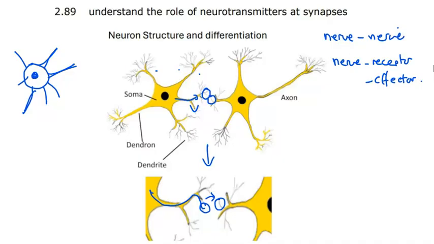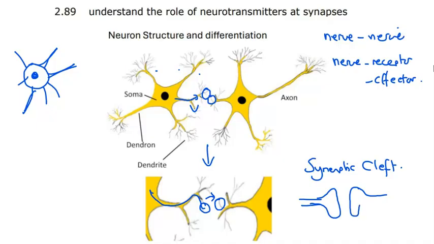Now this gap is called the synaptic cleft, where the ends of the dendrites are increased in size like so, and even the other side, the receiving side, will be the same. And we're looking at the transmission across this gap, which turns out to be a chemical diffusion.